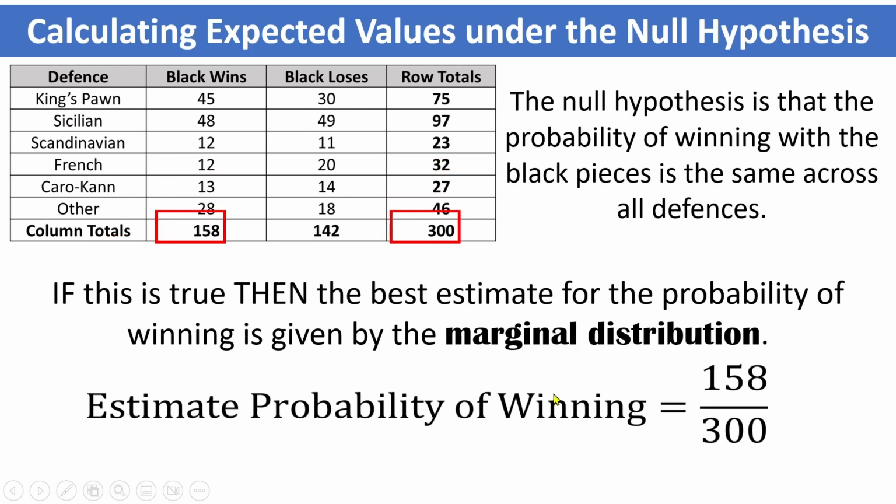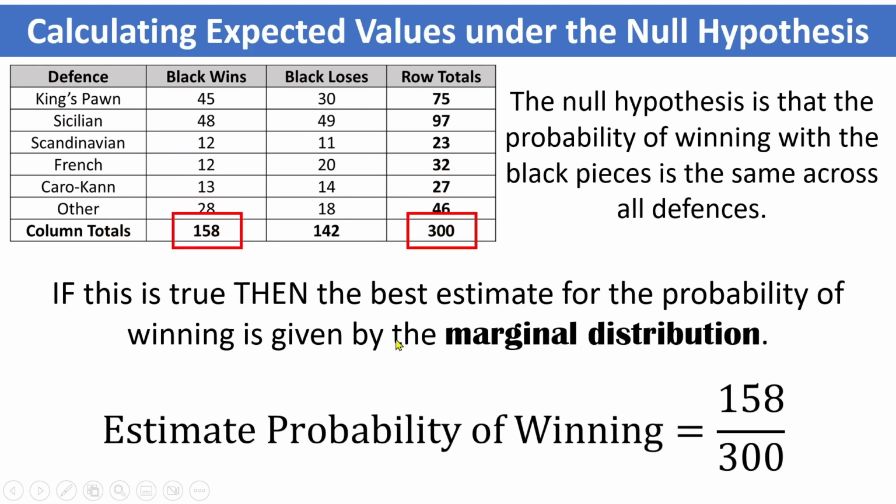So in this particular case, the best estimate we have for the probability of winning is 158 wins divided by 300. And again, this probability is consistent with the null hypothesis, which we are assuming is true. And that's why we can use this probability.